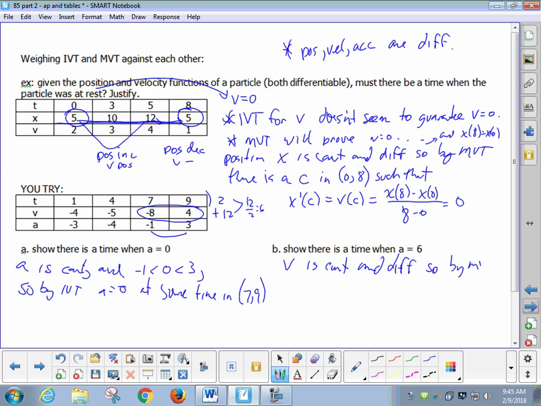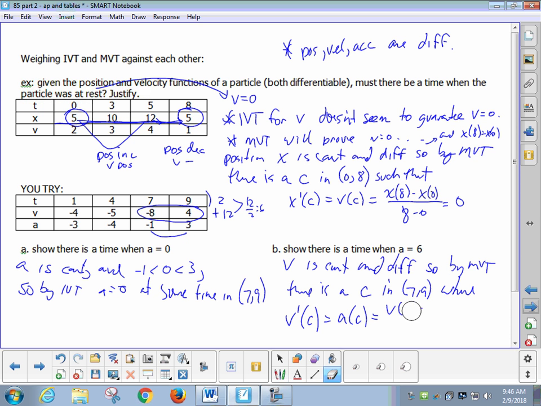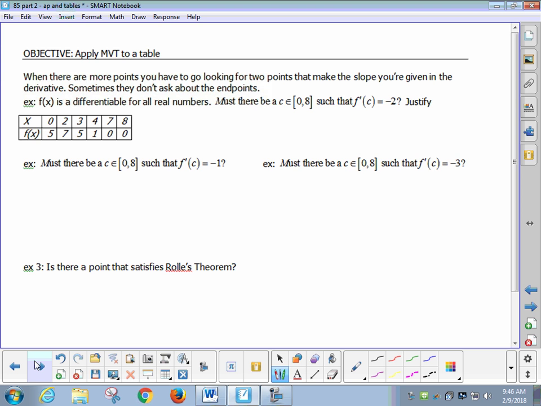So by MVT, there is a time, or C, in 7 to 9, such that V prime at that C, which would equal acceleration at that point, is equal to change in velocity over change in time, which is 6. Are we cool? How's this going so far? You good? Okay. Gradually working harder.